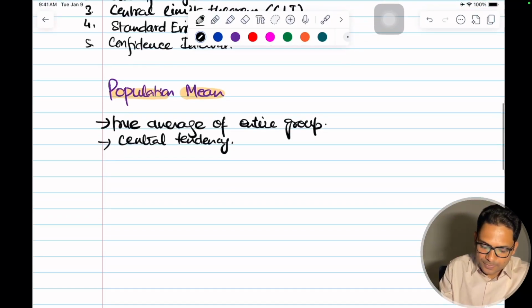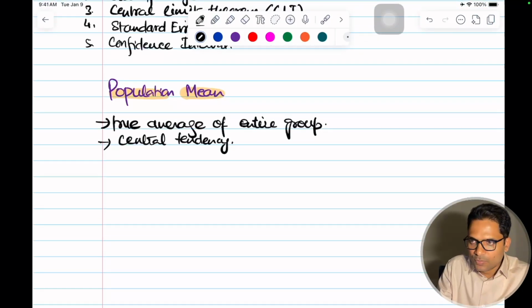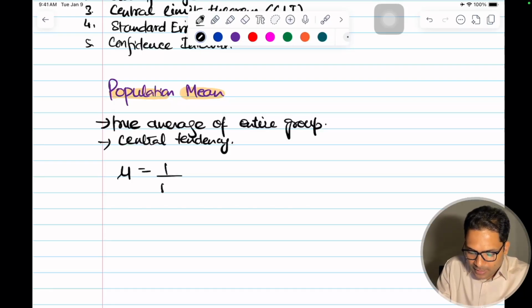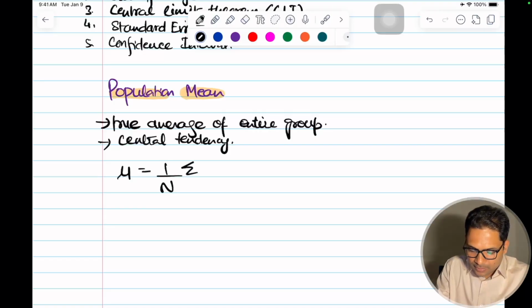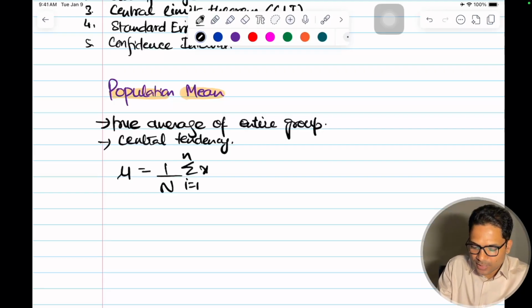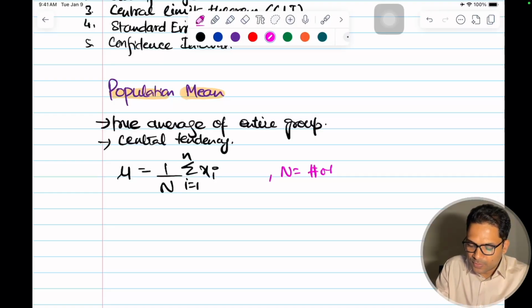It is denoted by mu, and it is 1 by n, where n is the total number of data points in the population, times the sum of all the data points xi.